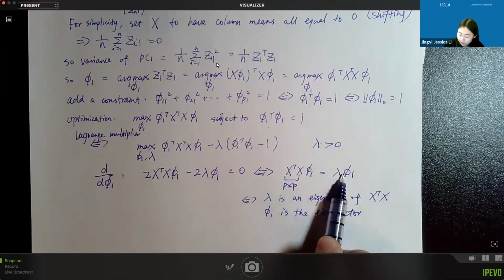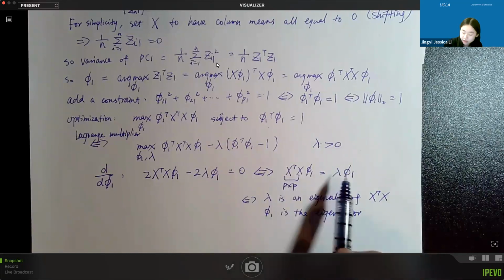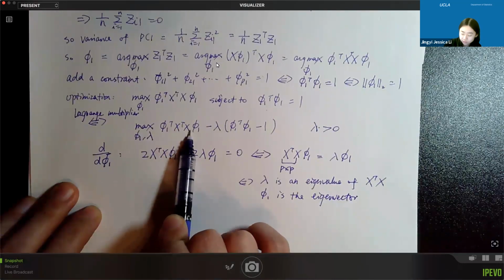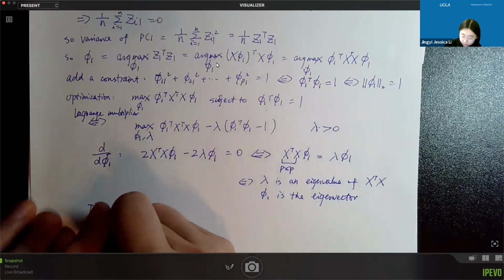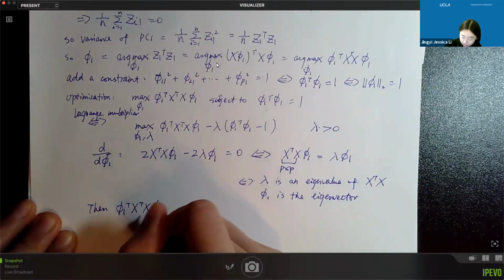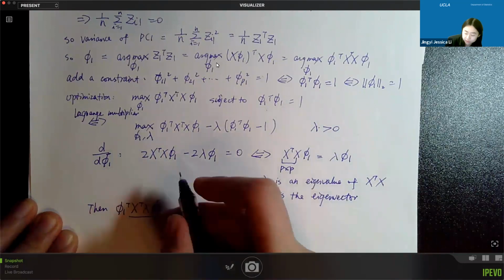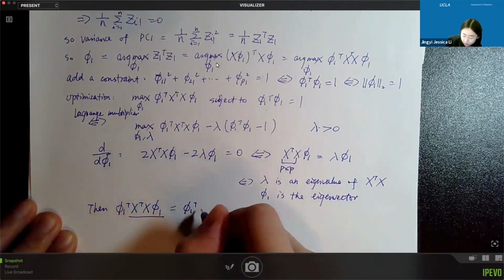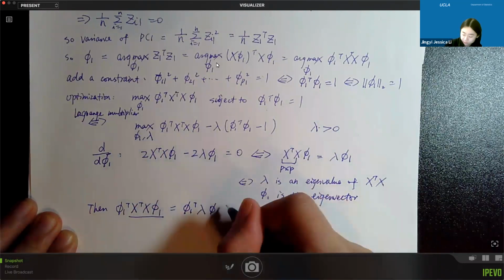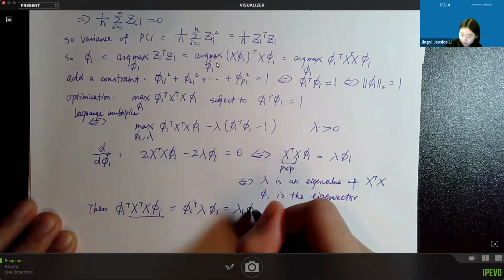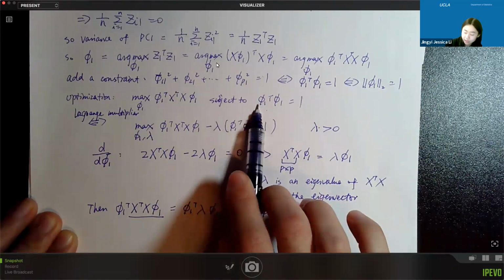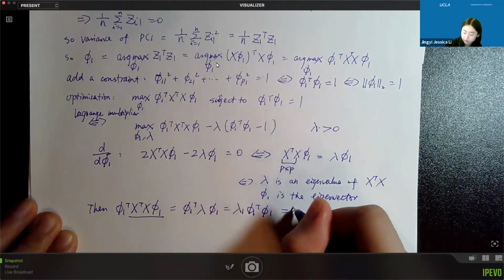So what else? Given this part equals this, then our target, phi 1 transpose x phi 1, using this as the replacement, becomes phi 1 transpose lambda phi 1. And because lambda is a scalar, I can move it to the front. And because I have the constraint, phi 1 transpose phi 1 equals 1, I get lambda.